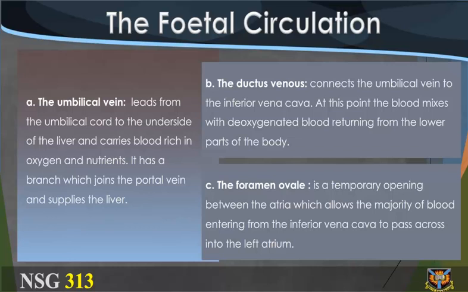C. The foramen ovale is a temporary opening between the atria, which allows the majority of blood entering from the inferior vena cava to pass across into the left atrium.